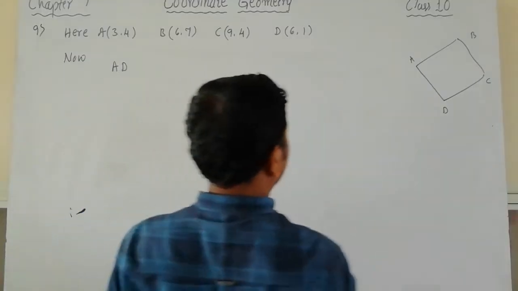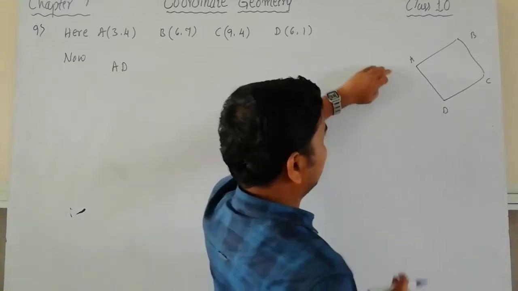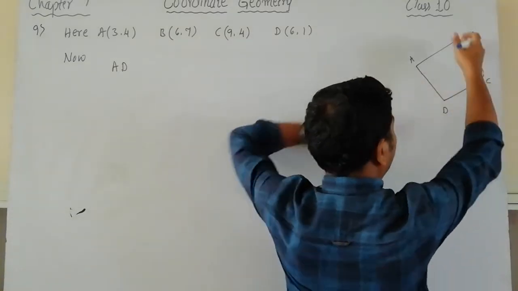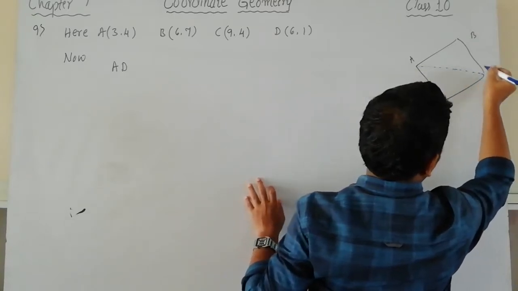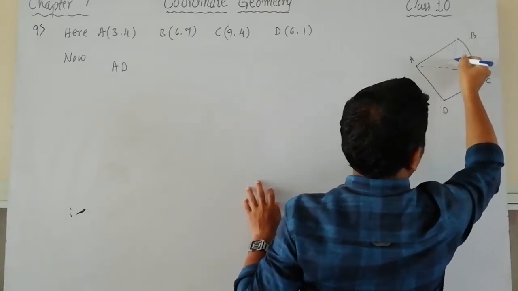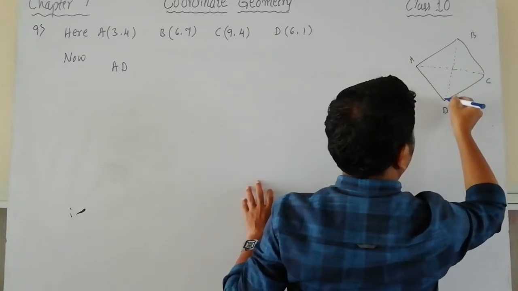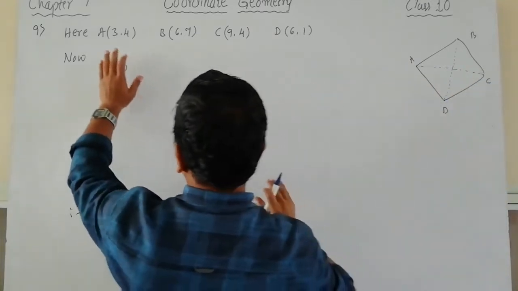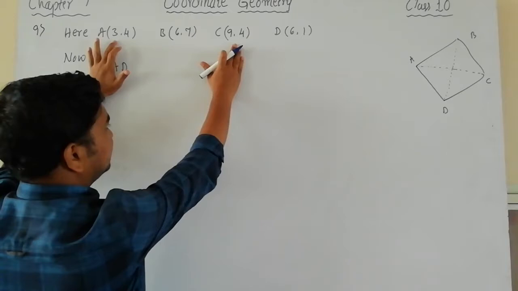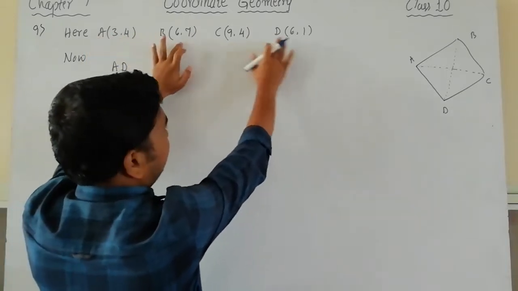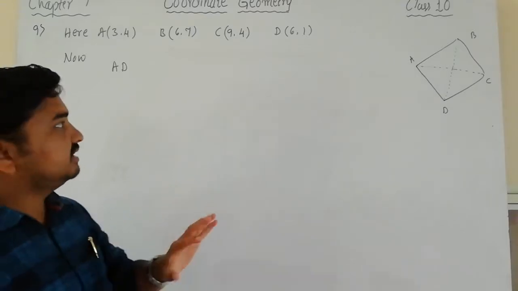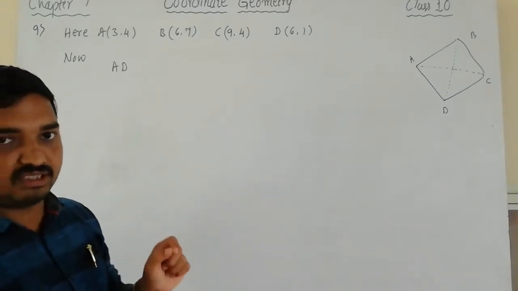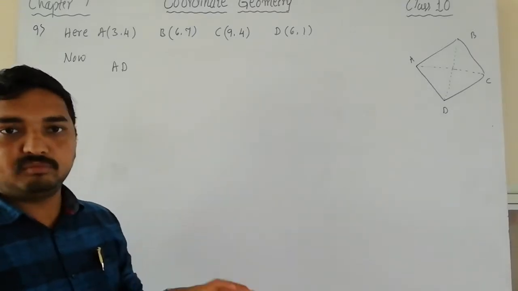Just by the figure you can understand, AC forms a diagonal and BD forms a diagonal. Even though there is no figure, you can understand from here: first and third form a diagonal, second and fourth form a diagonal. In a quadrilateral ABCD, AC and BD form the diagonals.